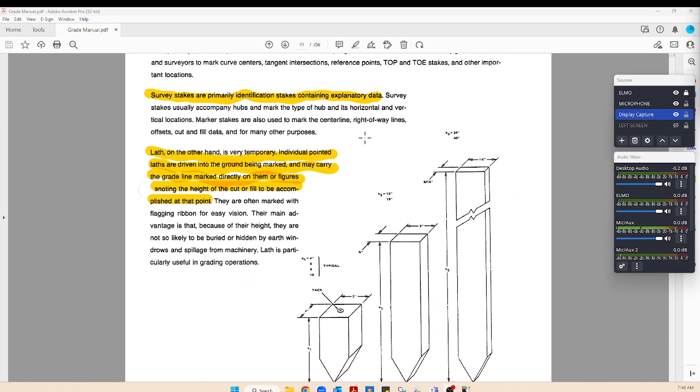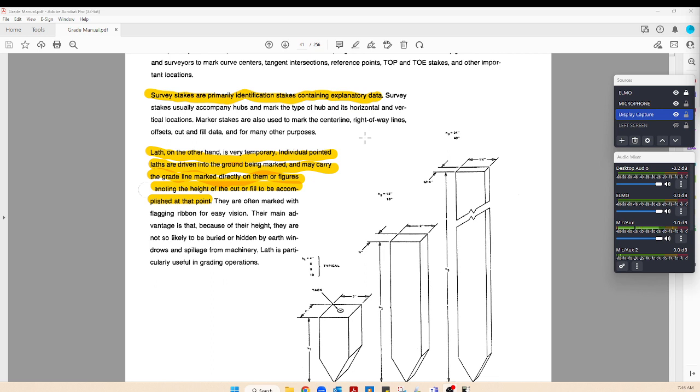I think also they're put out by the USGS, United States Geological Survey, but that all comes under the, I think, National Oceanic and Atmospheric Administration. Regardless, when a survey company puts out a survey stake, it becomes permanent.